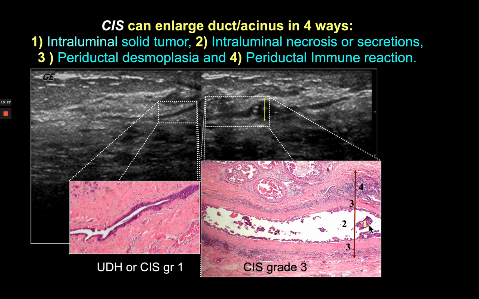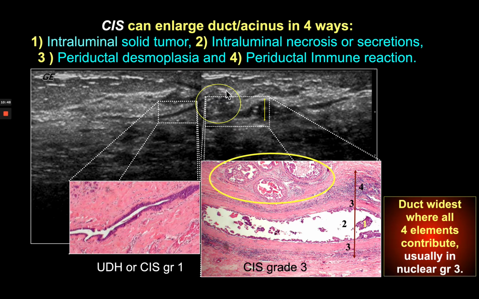One is the micropapillary DAB component. Two is the secretions created by the micropapillary DAB. Three is the periductal desmoplasia, and four is the periductal lymphocytic reaction. But again, where the duct is the widest, all four components are contributing.